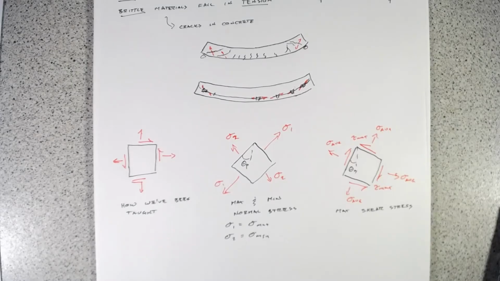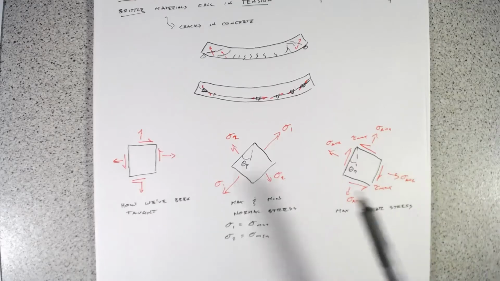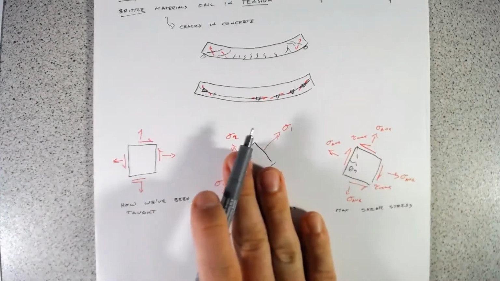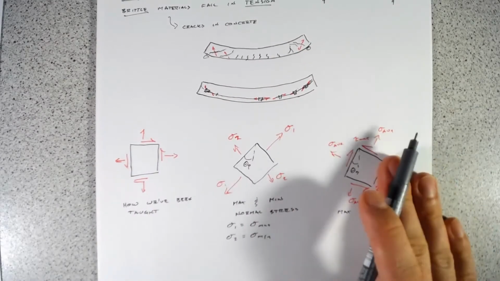So if we want to find out where we have a maximum occurring for a given function, well, what do we do? Well, we use a little bit of calculus where we take that function, we find its derivative, and we set that derivative equal to 0. And so that's what we can do for both our normal stress and our max shear stress.